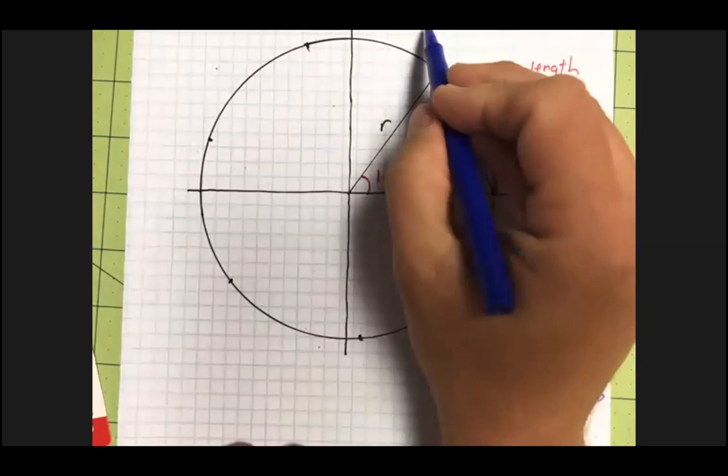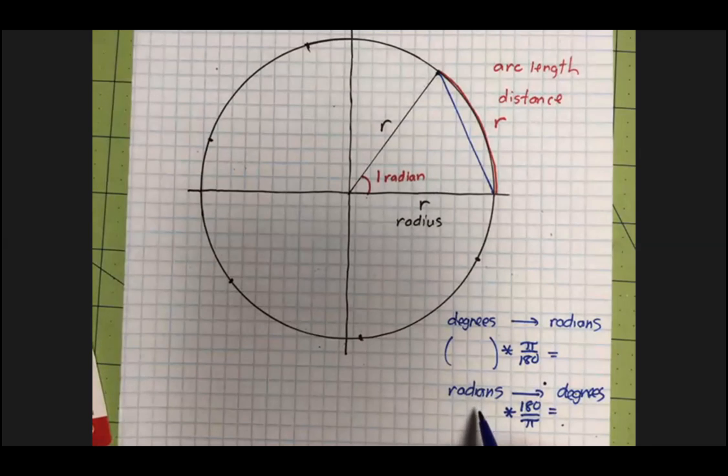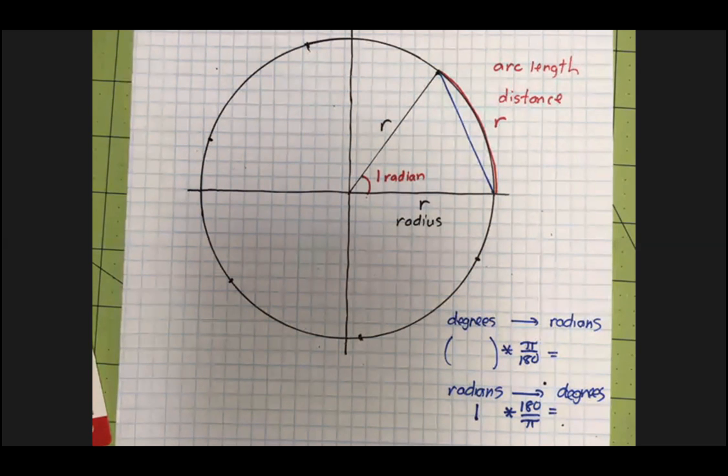So if I want to know what 1 radian was in degrees, then I just say 1 radian times 180 over pi. Then I ask my calculator what 180 divided by pi is.